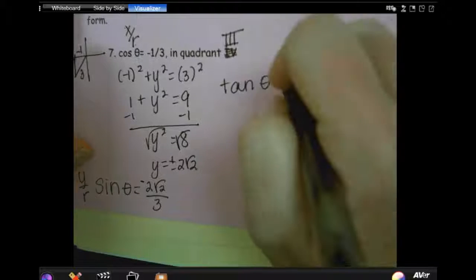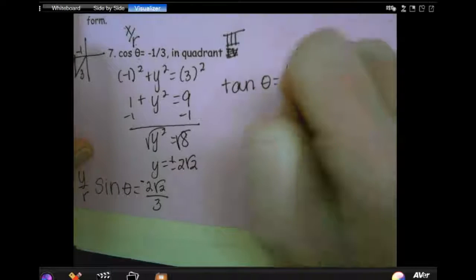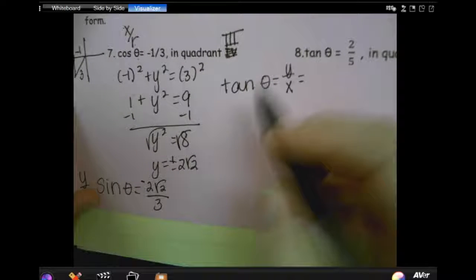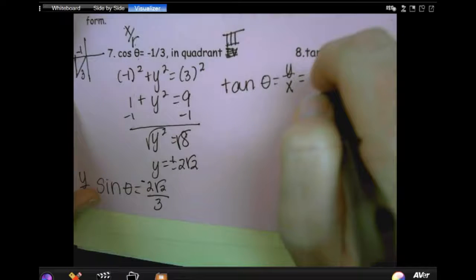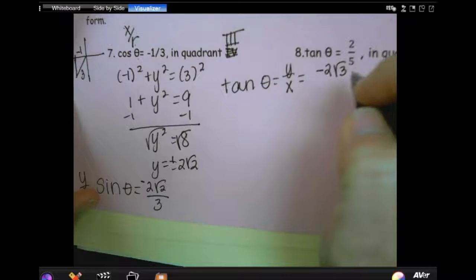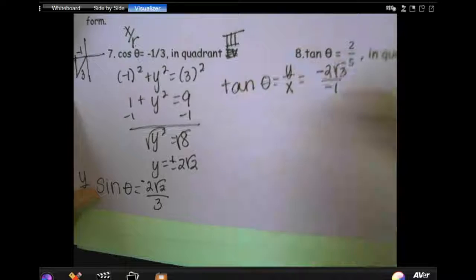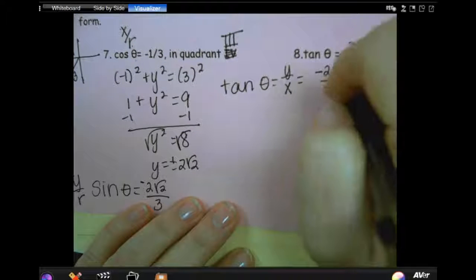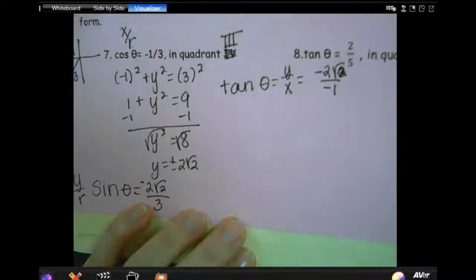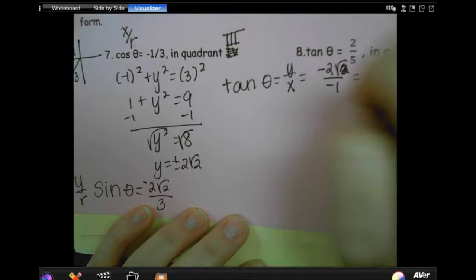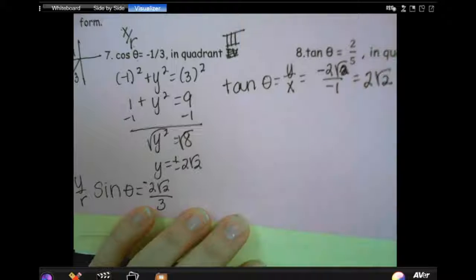It's y over x, sine over cosine. So y this time is negative 2 square roots of 2, and my x is negative 1. So negative divided by negative is 2 square roots of 2.